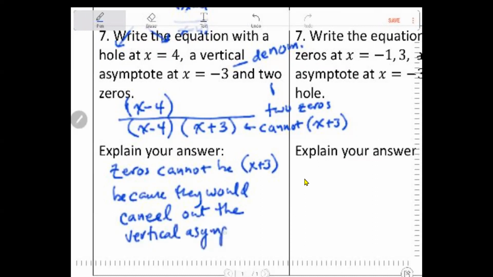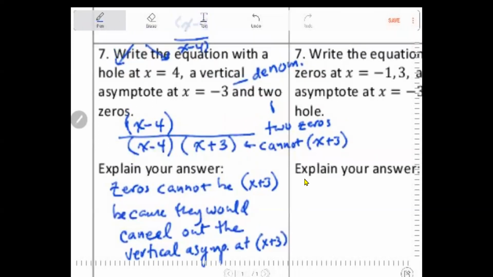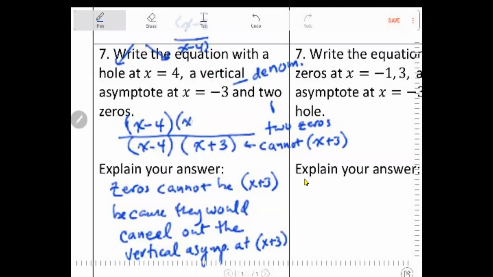So I can have anything I want, but not x plus 3. I'm just going to have x plus 1 and x plus 5, and that works. That's how you fill out the second part. You need to have an explanation about why you chose them.